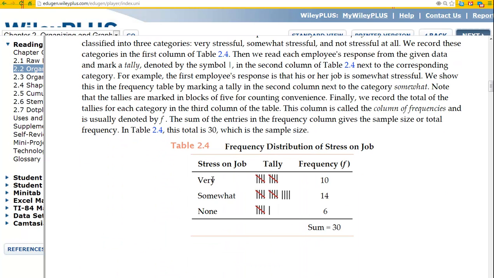Okay, so that's what we do. Here's the variable, they call it stress on job, and these are the different levels, and then we count up how many were there. We say, okay, there was one, there was another, so we count up.